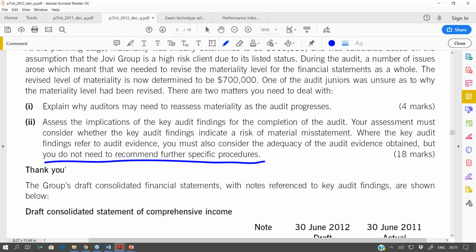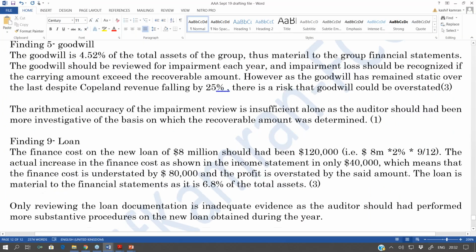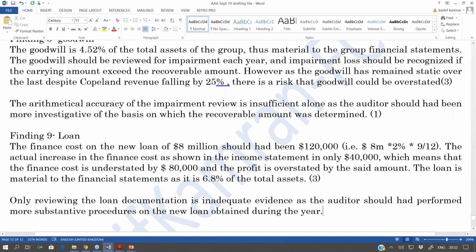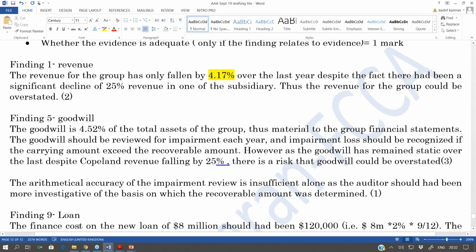So will you make sure that you practice the complete question with all the 9 findings? Even though you will get your 18 marks with less than 9 findings. Because see how many findings we did in the session today. We almost did 3 findings, and we got 4 marks from finding 9, 4 marks from finding 5, that's 8, and 2 marks from finding 1, 10.